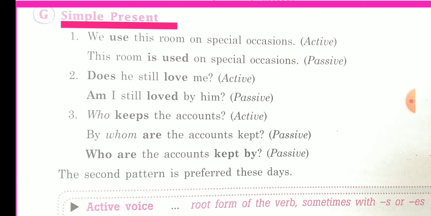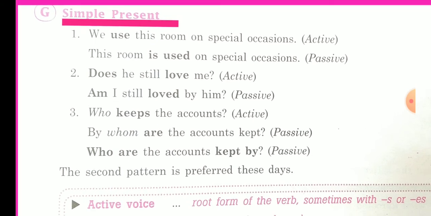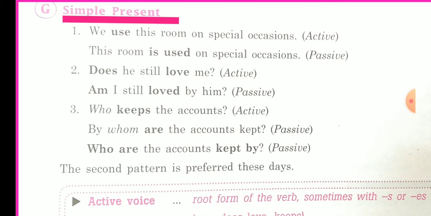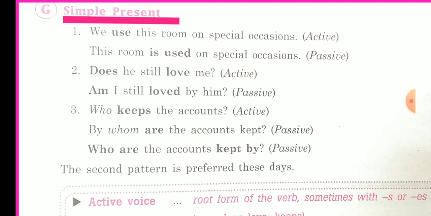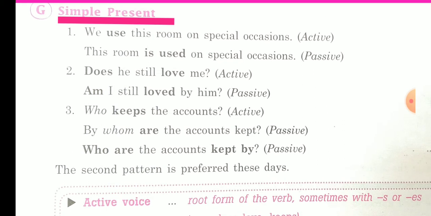But if the sentence is given in interrogative form, then in place of do, does we will use is, am, are. And if the sentence is given using a wh family word, then who will change into by whom. But we can keep it the same as it is also, who can remain who. Look at the third example: who keeps the accounts.